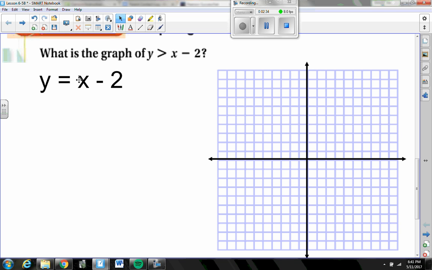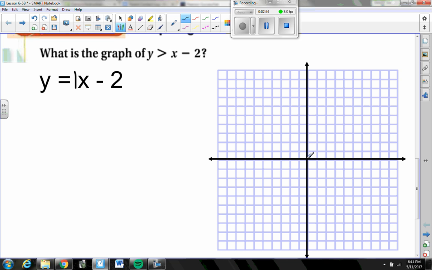It's exactly the same thing, except instead of a greater than sign, it's an equal sign. This is the type of thing we have been graphing for much of this class, since way back in chapter 5. This equation has a slope of 1 and a y-intercept of negative 2.